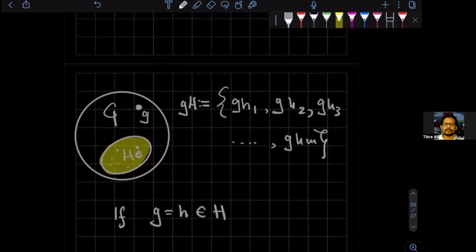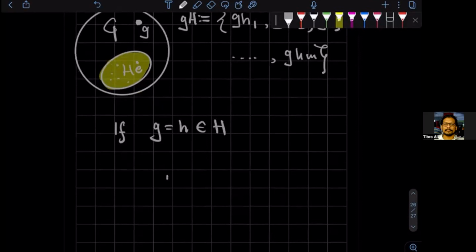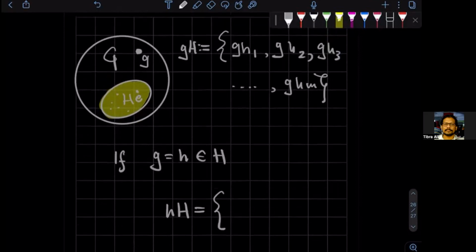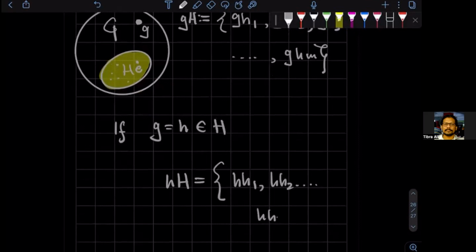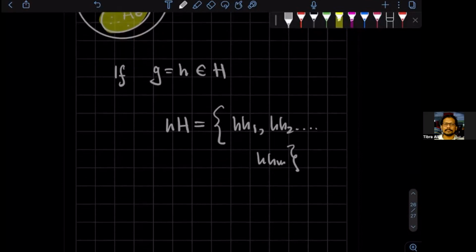So the other thing is that if you chose for g an element h from the subgroup, then you're looking at hH. So you get hh1, hh2, dot dot dot, hhm. But since H is a group, it's closed. So this is going to give you some other element in H, call it h1 prime.